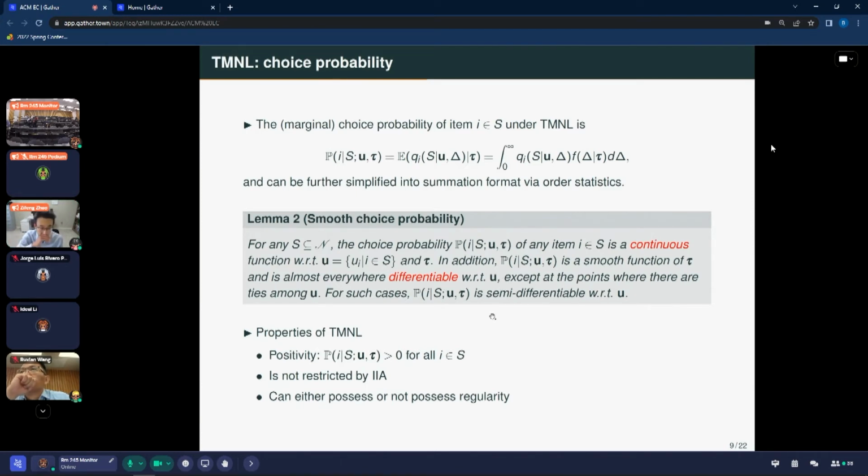We have some other properties of the TMNL model, but due to time limit, I'll skip them.